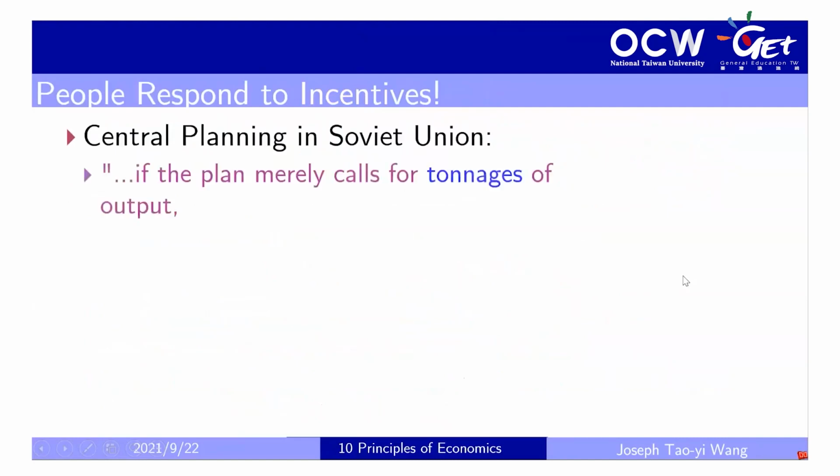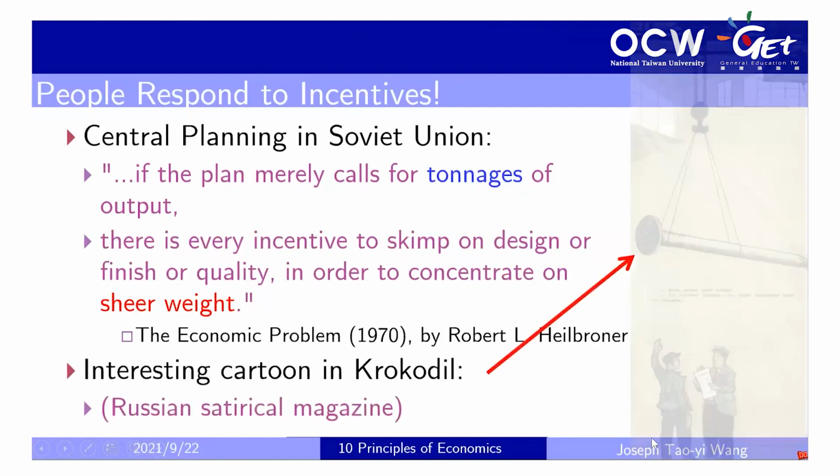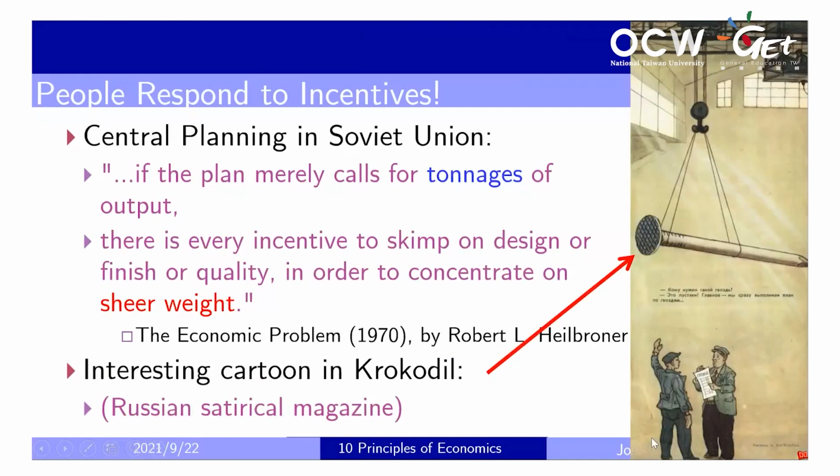Okay, so why is this important? Well, because people respond to incentives. This issue can go all the way back even to central planning. In the Soviet Union, here's a good example. If the central planning says we need a ton of nails, and it's only about weight, then if you want a ton of nails, here is a ton of nails.